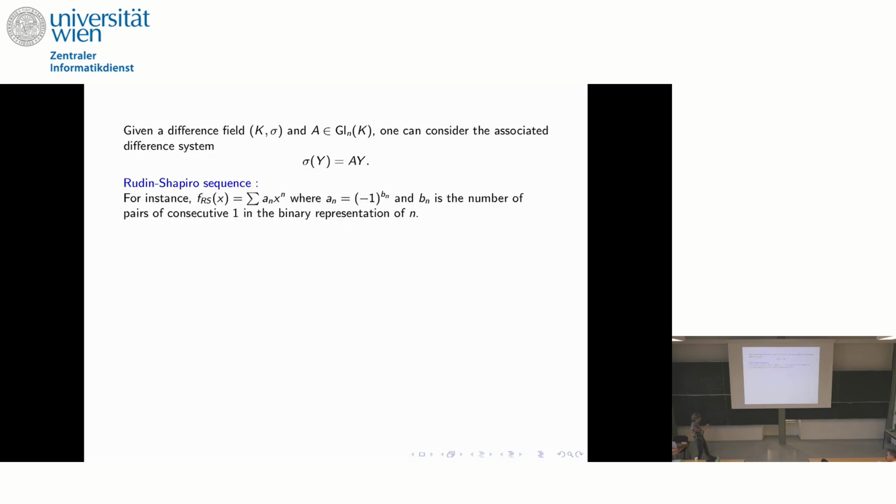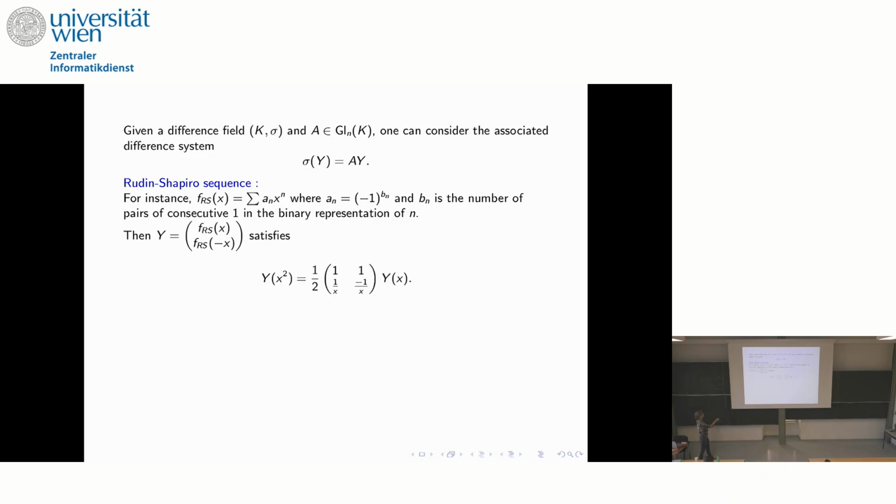Okay, so let me give you an example coming from automata theory. I will consider this formal power series, where the a_n are (-1)^{b_n}, where b_n is the number of pairs of consecutive 1s in the binary representation of n. So this a_n is what is called an automatic sequence, because it can be generated by a finite automaton, where the input is just the binary expansion of n and the output is a_n. Okay?